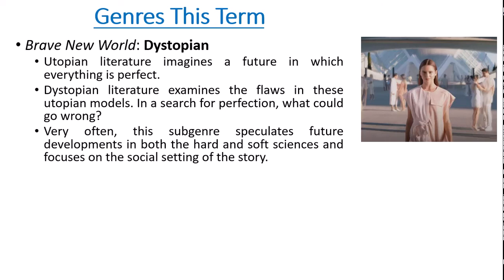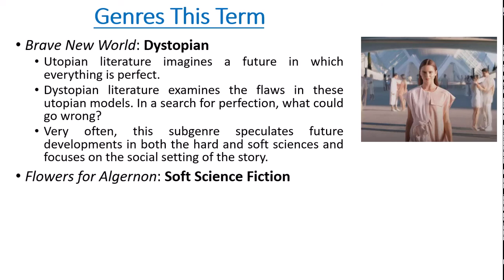So the social setting of the story is going to be quite important, and really looking at what the science is and how the science has affected humanity to create this horrifying vision of the future that here looks clean and pristine and lovely. After that, we're going to look at Flowers for Algernon.